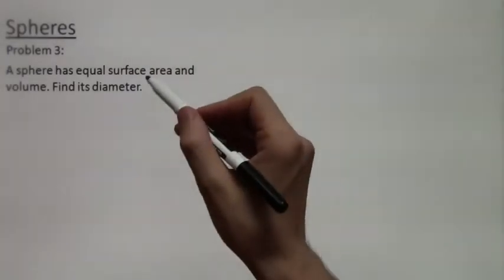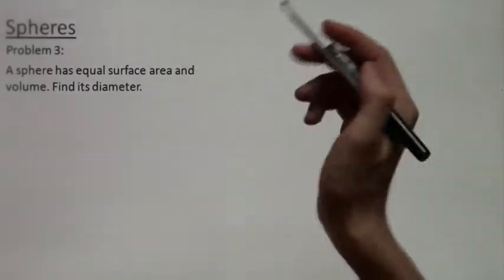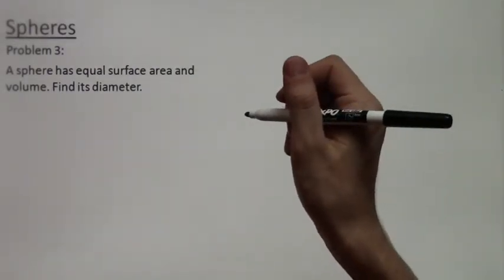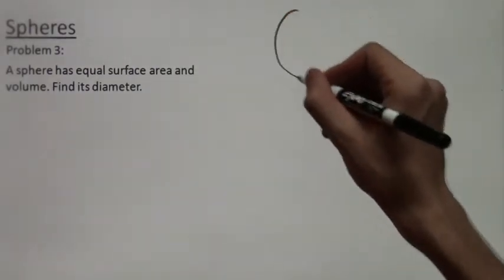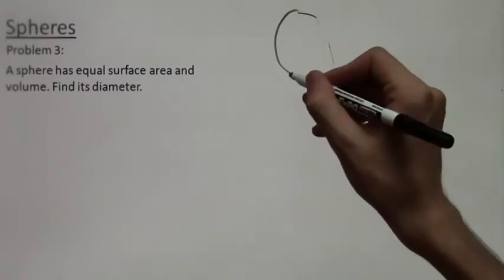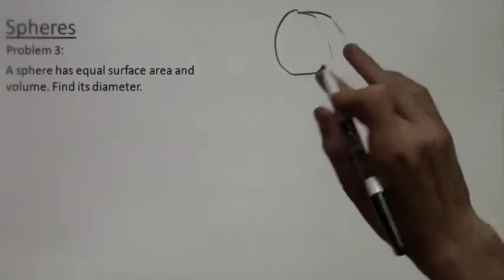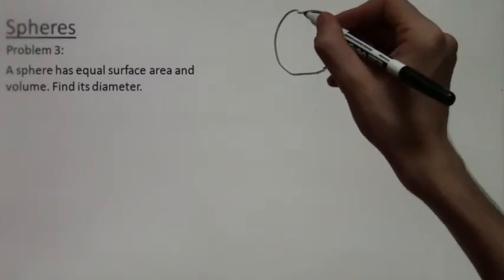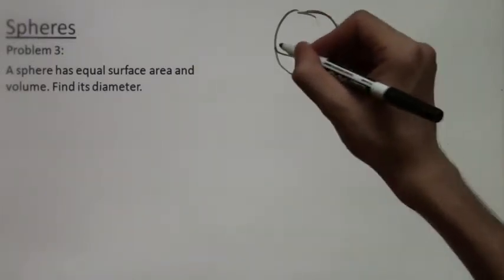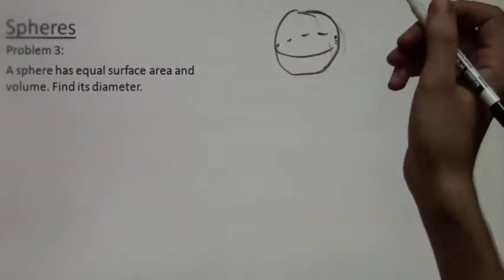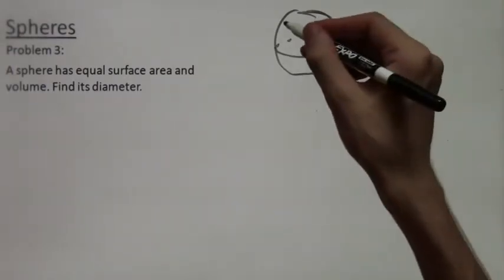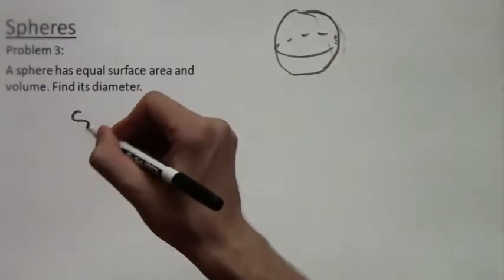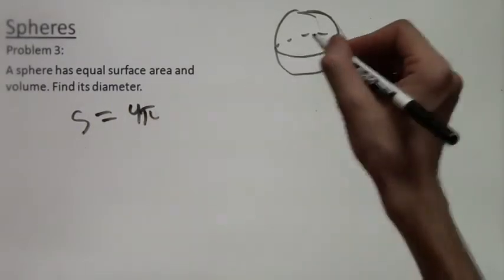Alright, so now the last problem. A sphere has equal surface area and volume. Find its diameter. So let's say we got this sphere. They're a little bit hard to draw, but this is about what it looks like. And it's got some sort of radius, surface area, and volume.